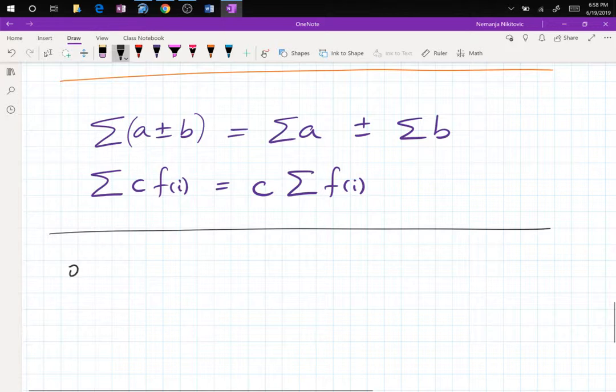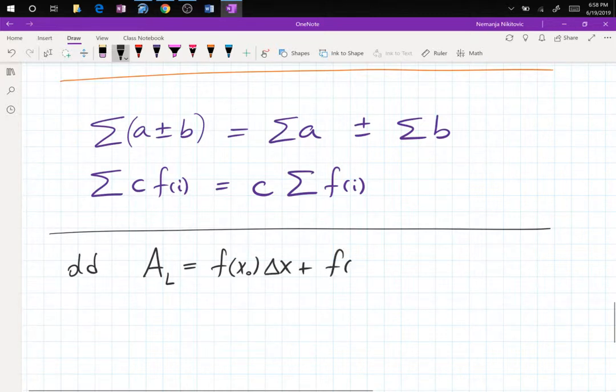So our old notation was that the area of the left was f of x0 times delta x plus f of x1 times delta x plus f of x2 times delta x plus dot dot dot. Summation notation picks up that there is a pattern 0, 1, 2, and that's going to be i.